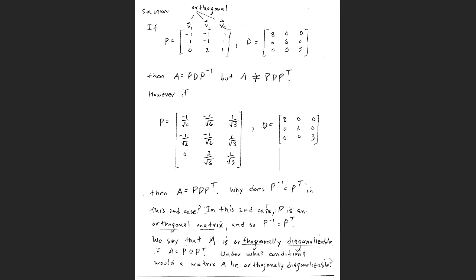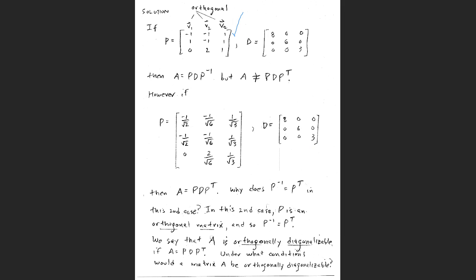In our solution here, the columns of the matrix P are the eigenvectors of the matrix A. And interestingly enough, these three vectors are orthogonal.